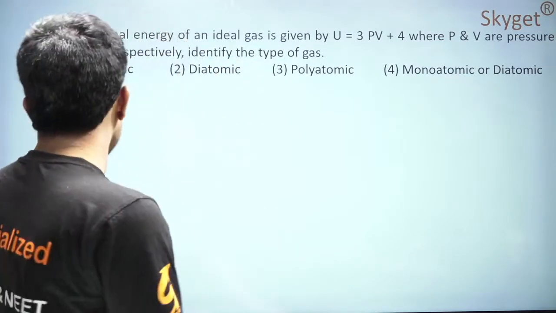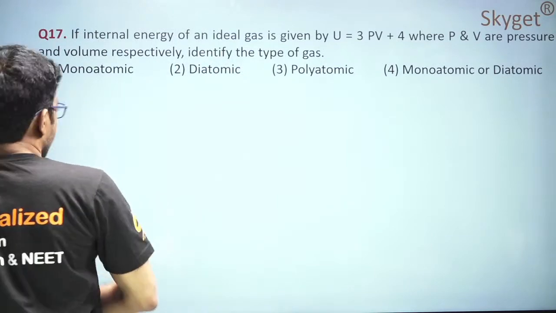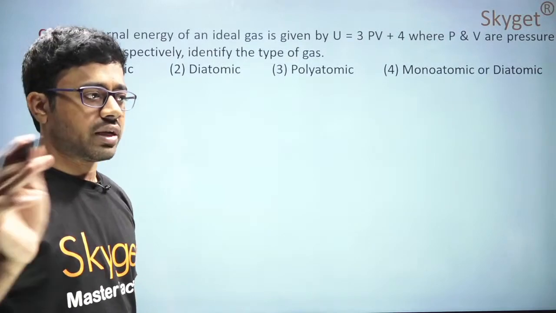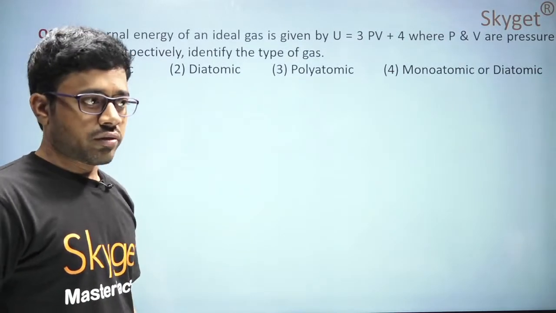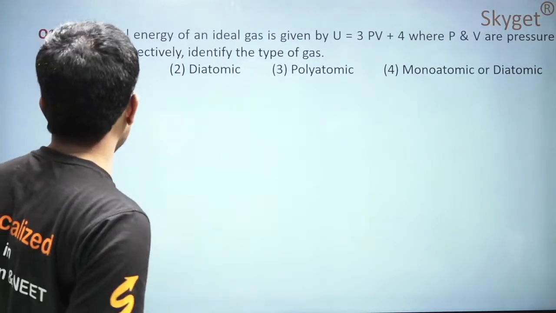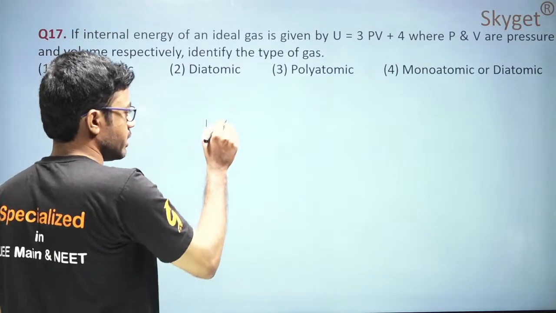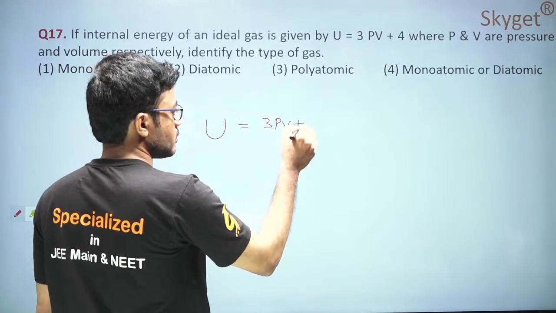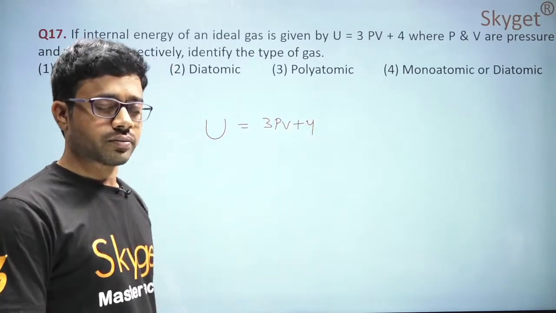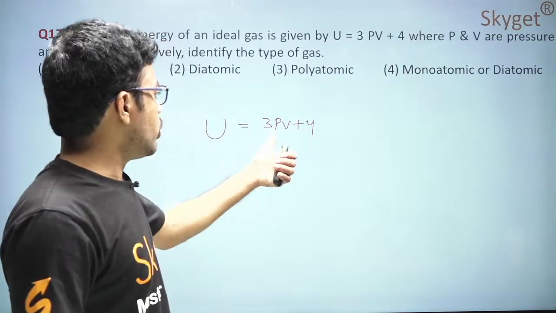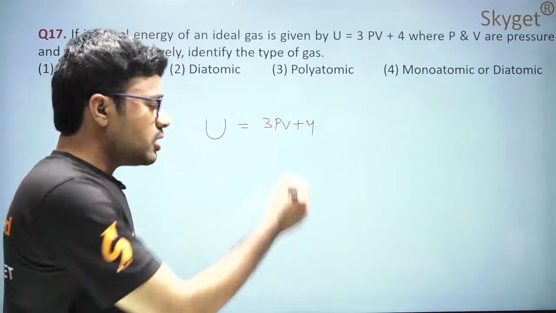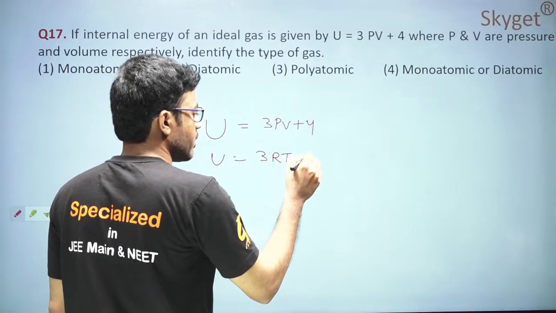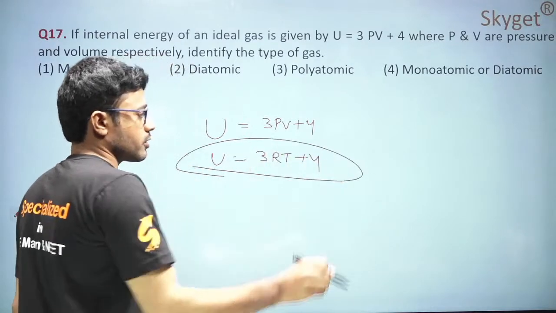To find whether it is monatomic, diatomic or even polyatomic, we use the given internal energy U equal to 3PV plus 4. Convert it in terms of U equal to 3RT plus 4.